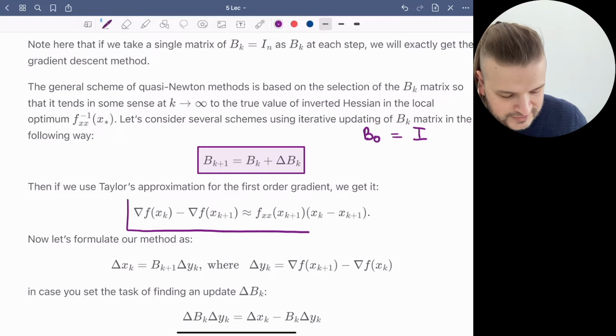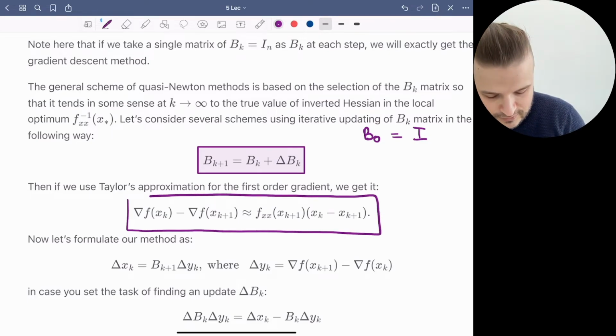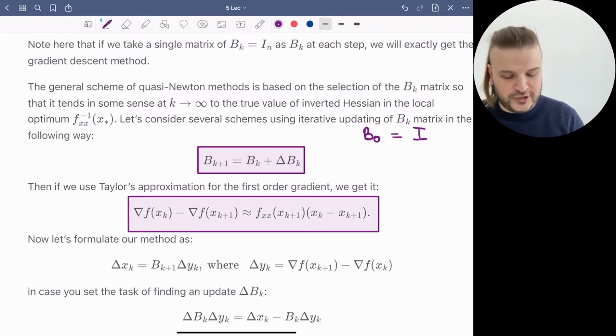Let's consider this Taylor approximation, right? What does it mean?